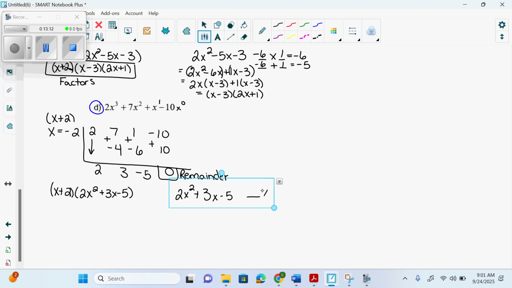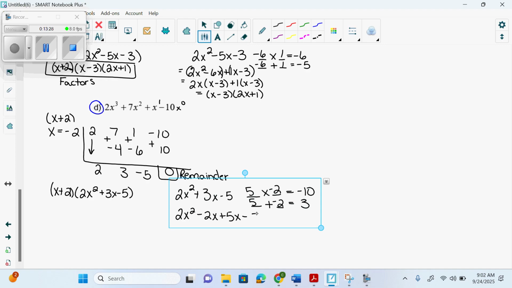What times what equals negative 10? What plus what equals 3? So it's going to be 5 and negative 2. So I'm going to go 2x squared minus 2x plus 5x minus 5. You could have done the 5 first, doesn't really matter. Take out a 2x, and we're left with x minus 1.